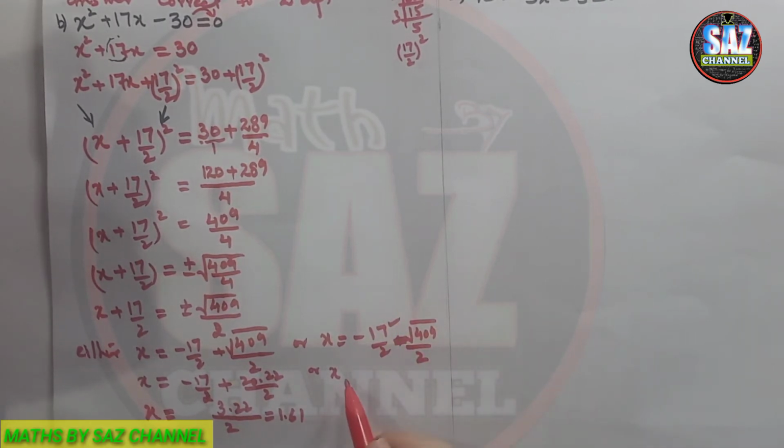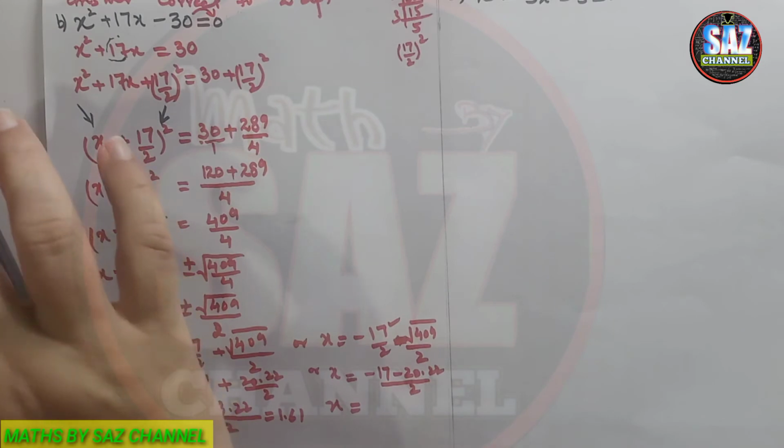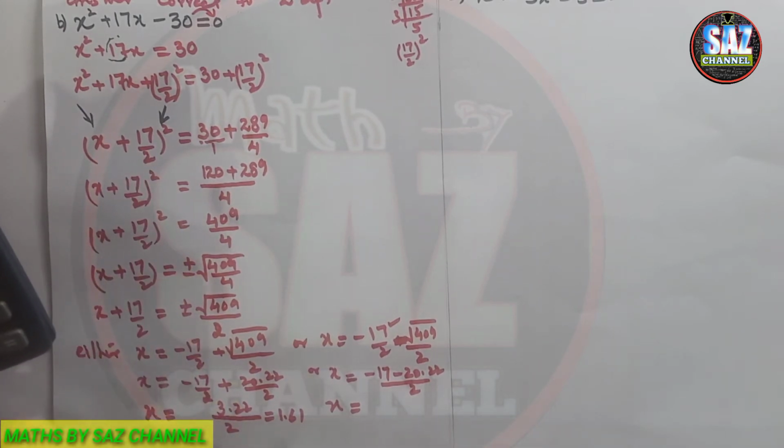Minus 17 minus 20.22 upon 2. X will be equal to, when I am adding 20.22 and 17, this will give me minus 37.22 upon 2, divided by 2, and this will give me minus 18.61.